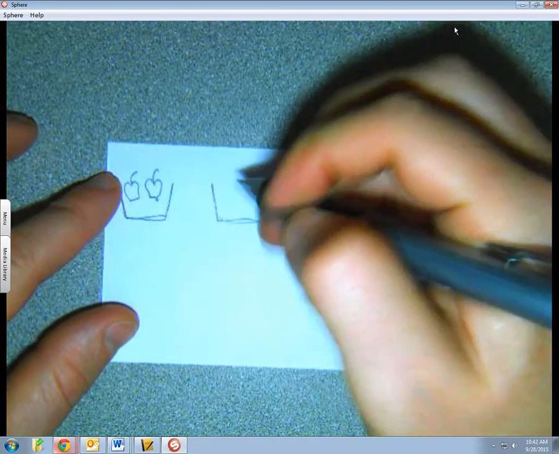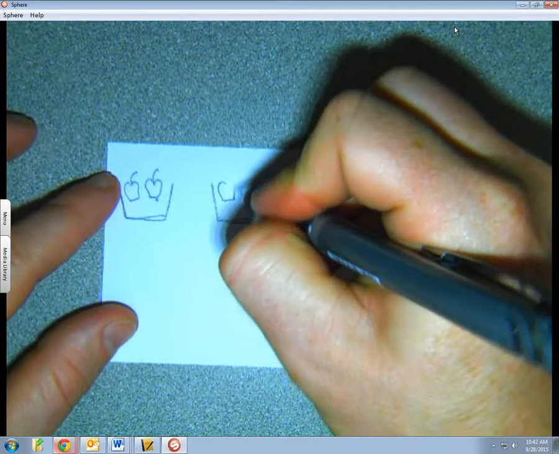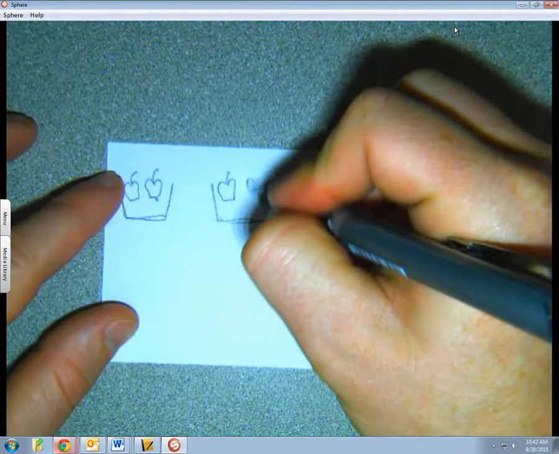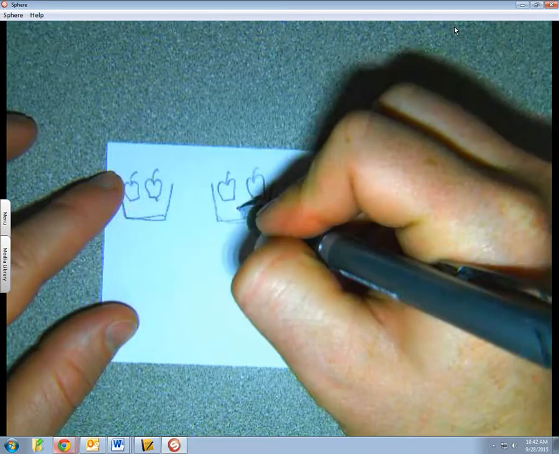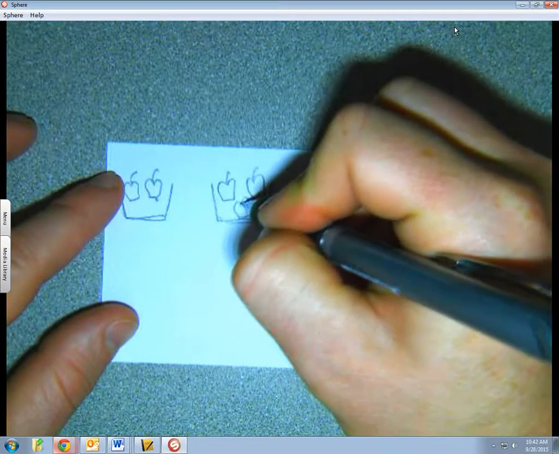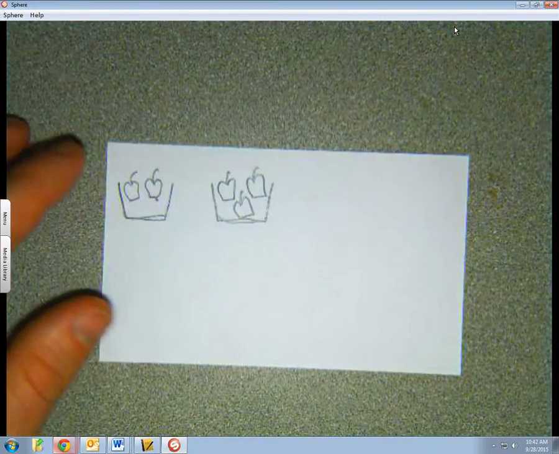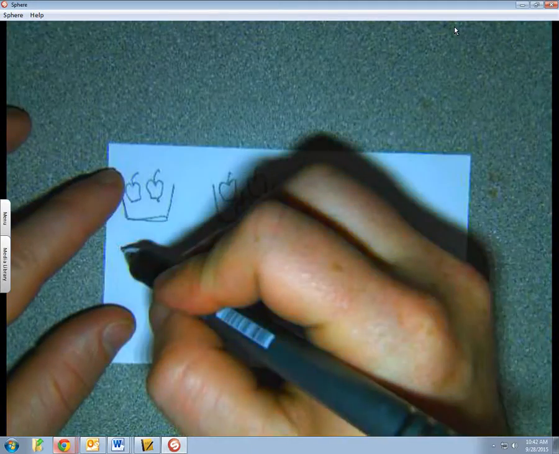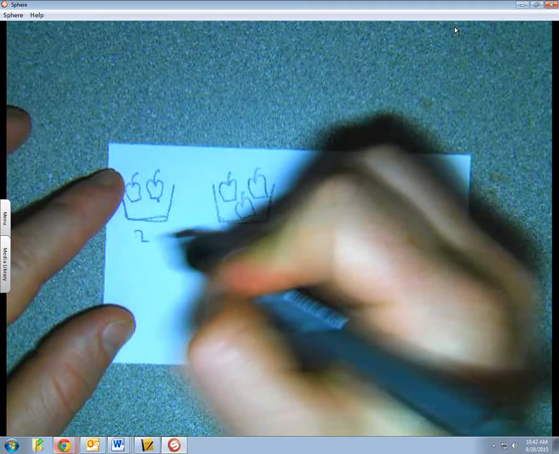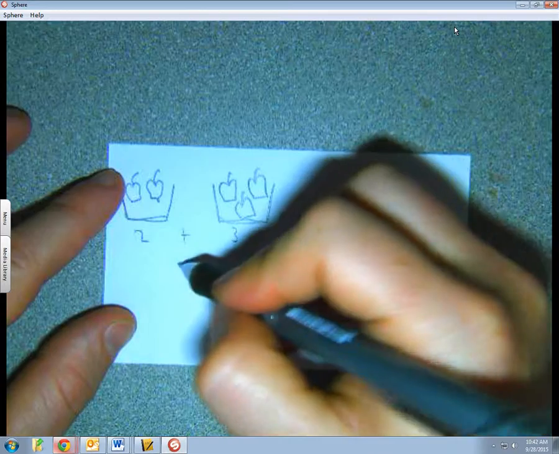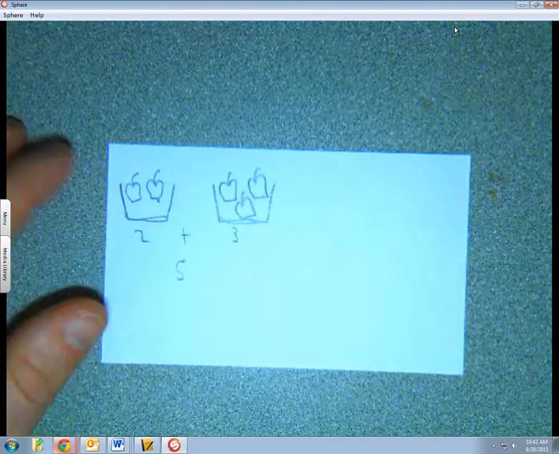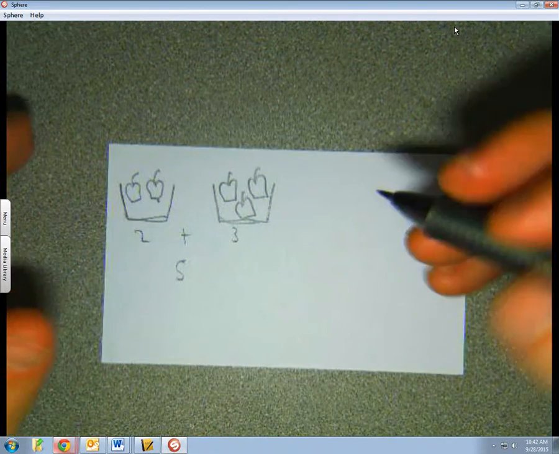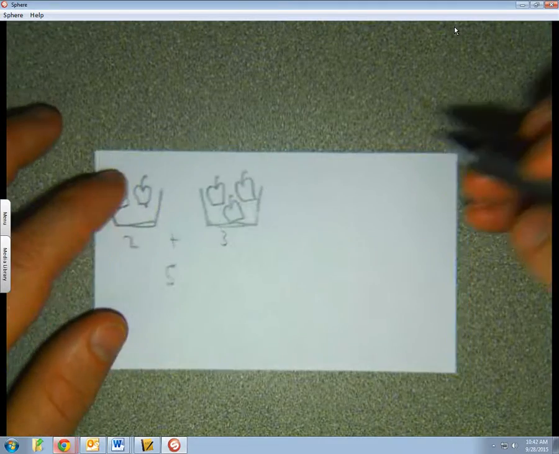This one has... so the total apples is 5, right? Very much the same thing with angles.